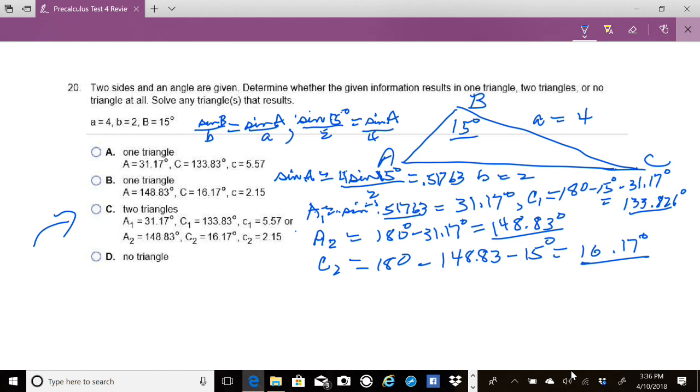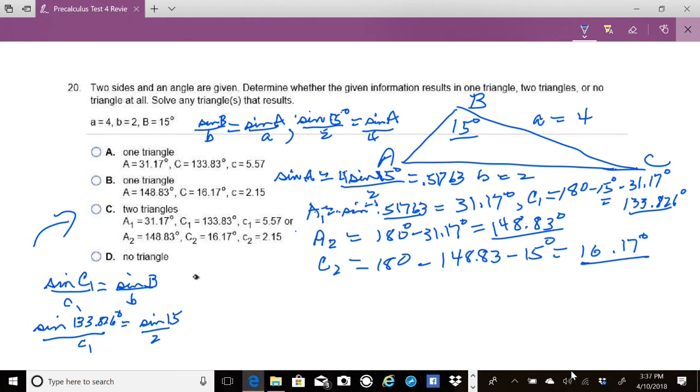we need to calculate C1. So we would say sine of C1 over C1 equals sine of B over B, which says that sine of 133.826 over C1 equals sine of 15 over B, which is 2.